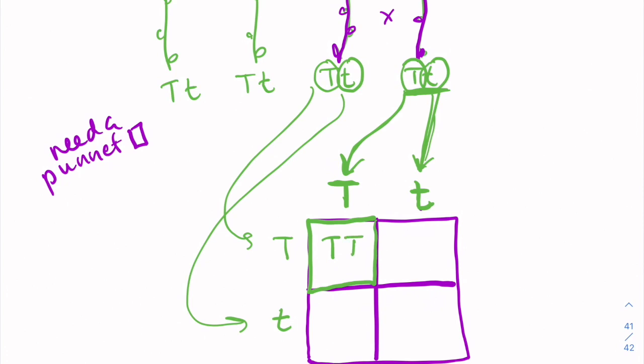For this box right here, I'm going to take the T that's at the top of the column, put it in there, and put the allele that's at the end of the row in there too.